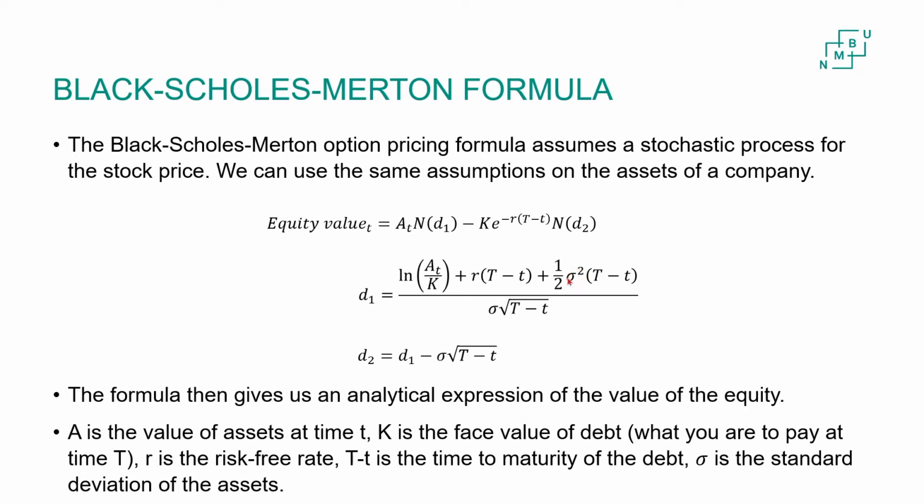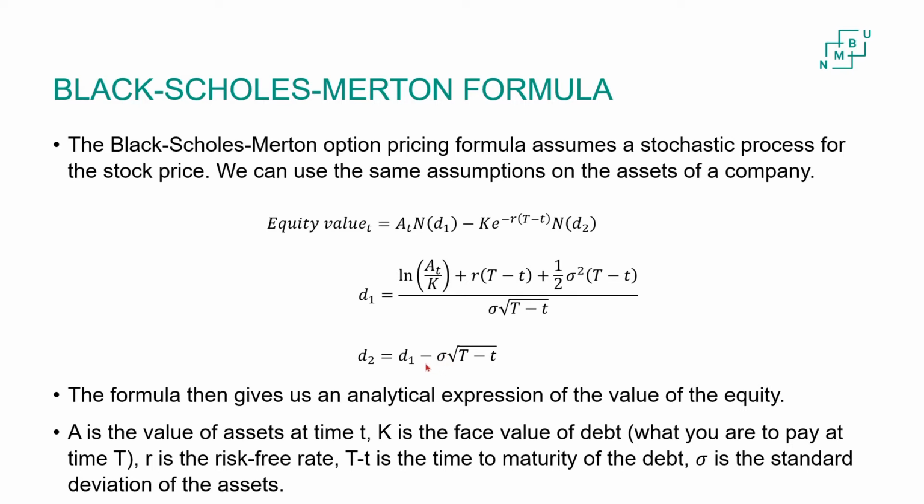This is the yearly variance, the annual variance, times the time to maturity, divided by a scaling factor of the standard deviation times the square root of time to maturity. The d2 number is just d1 less the square root of time to maturity times the standard deviation. And this is the standard deviation of the assets.